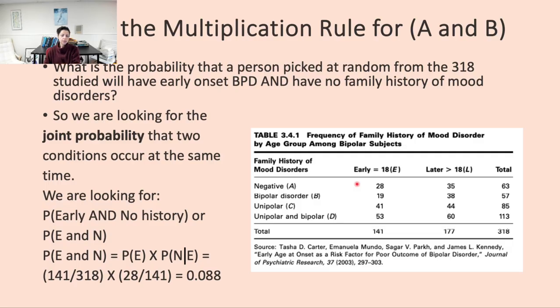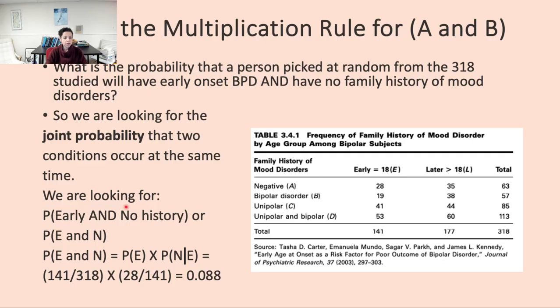So the starting condition is early onset bipolar. And then we want to look at, of those people, who has no family history. In this case, we're looking for something called the joint probability. 2 conditions are occurring at the same time. And they're in a particular order: early onset and no family history.